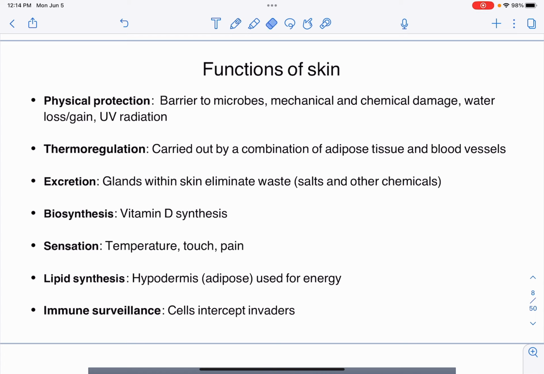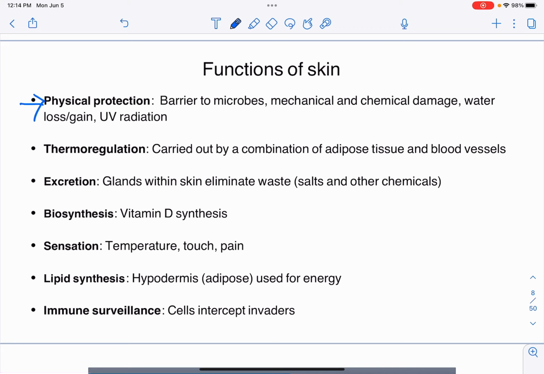So let's talk about it being a physical barrier first. Skin acts as a barrier to microbes, so that microbes or pathogens, fungi or bacteria do not enter our skin. It also protects us from mechanical and chemical damage.